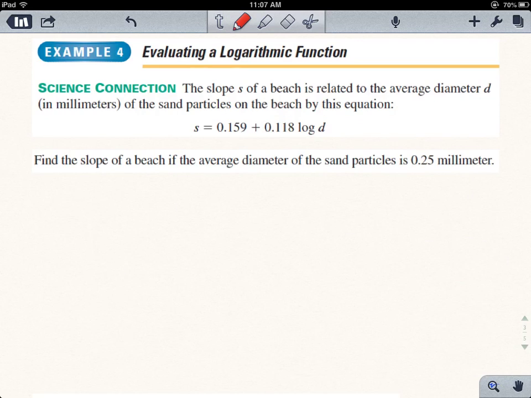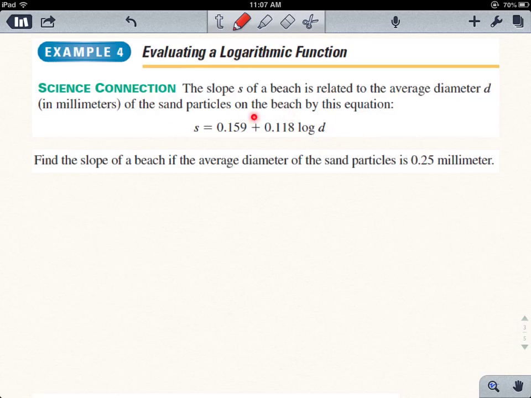Okay, here we have a little science experiment. What they tell us is that the slope S of a beach is related to the average diameter D in millimeters of sand particles on the beach, given by this equation.